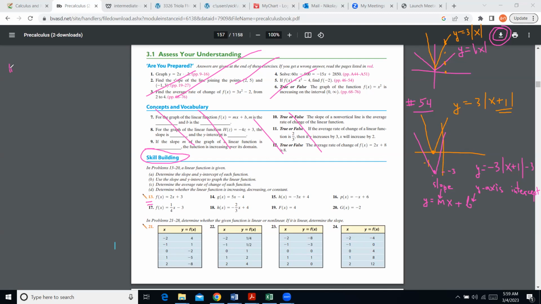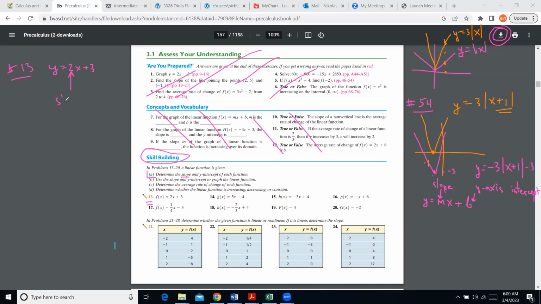So let me do it. Exercise 13 says the equation y is equal to 2x plus 3 is here. And there are a few parts, A, B, C, and D, that ask for the slope of this line.